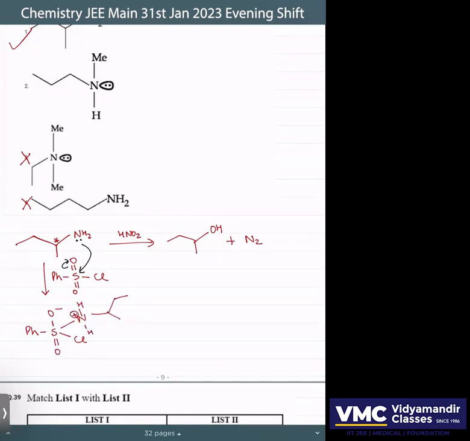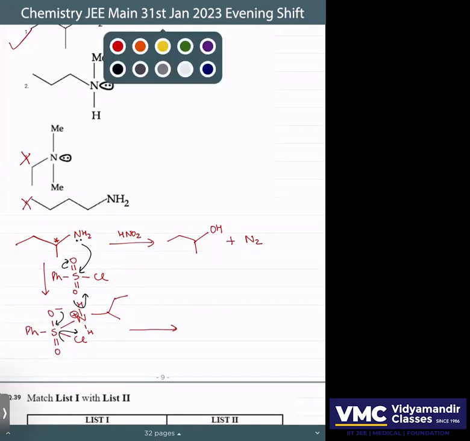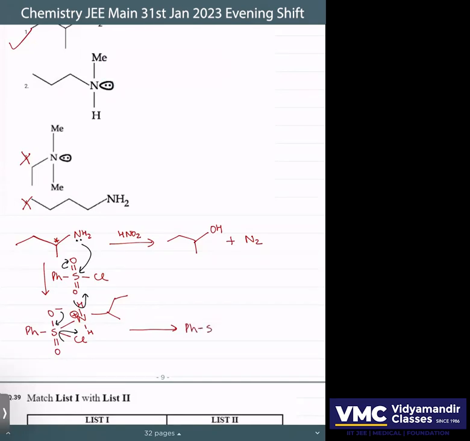This, correct? Then further, this H plus will leave from here. This O negative will form a pi bond and Cl negative will be released from here. So what will be formed? We'll get PhS double bond O, NH, and this N will have this alkyl chain attached to it, right?